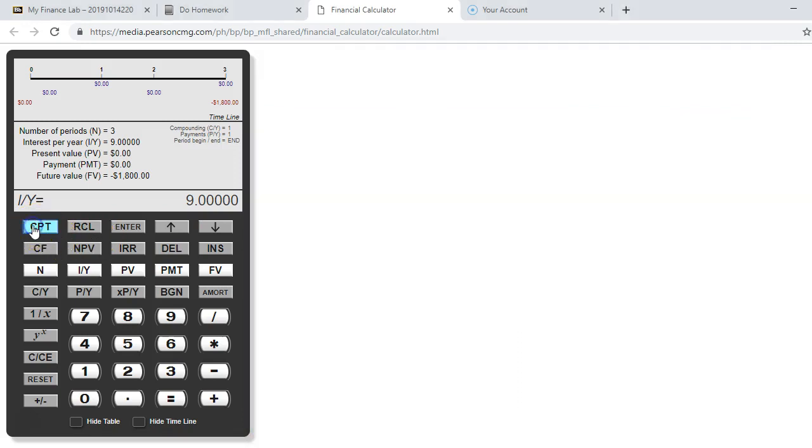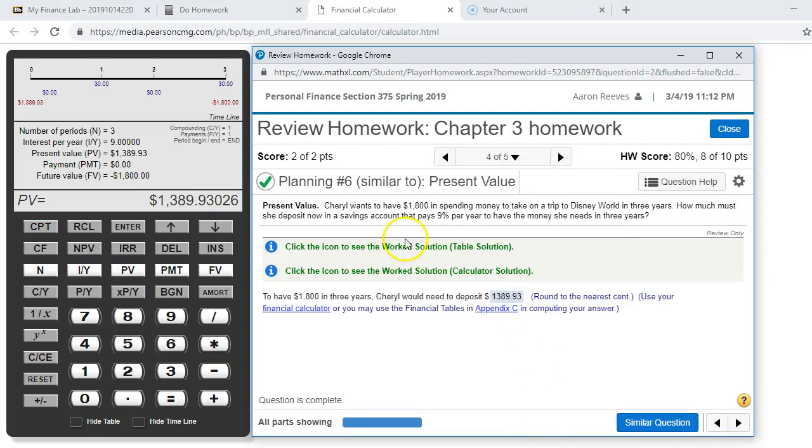So I'll say compute, and compute what? Compute present value. So this is saying that Cheryl needs to invest today $1,308.93, leave it there for 3 years, and earn interest of 9% per year.